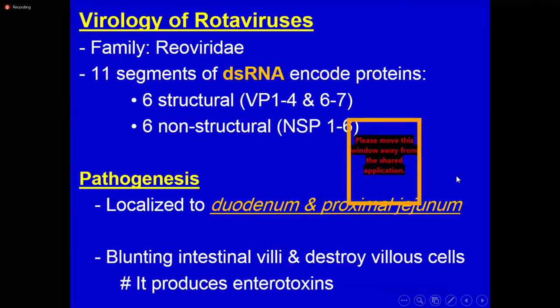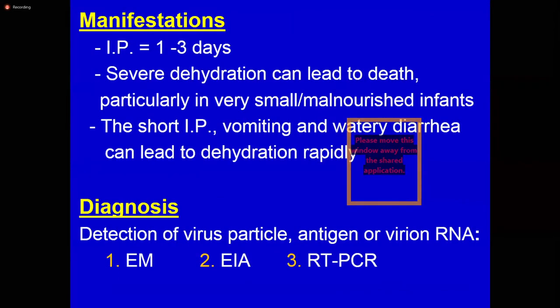Pathogenesis where? In the duodenum, proximal duodenum. There will be blunting of intestinal villi and destruction of the villus cells. And this virus can produce enterotoxin. Remember that rotavirus has this, and that is why it causes diarrhea. Manifestation: incubation period, as I said, 1 to 3 days. If it is severe, it may produce severe dehydration. The dehydration may lead to death, particularly in very small and malnourished children.